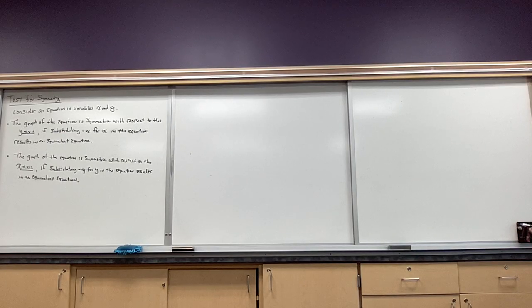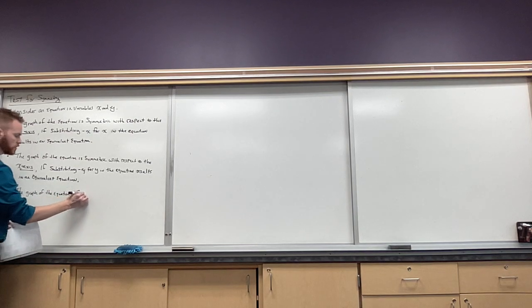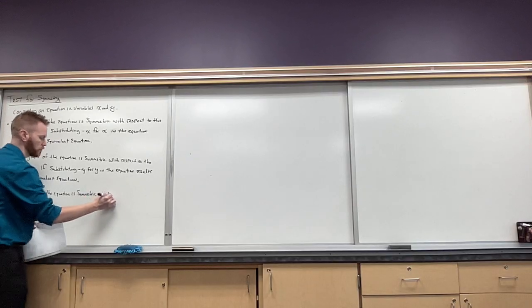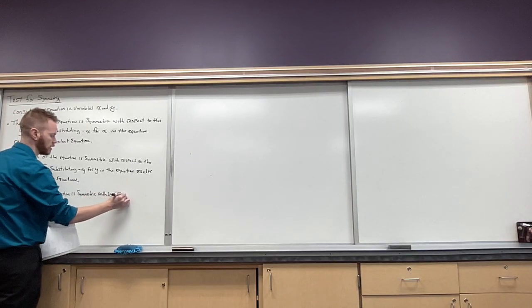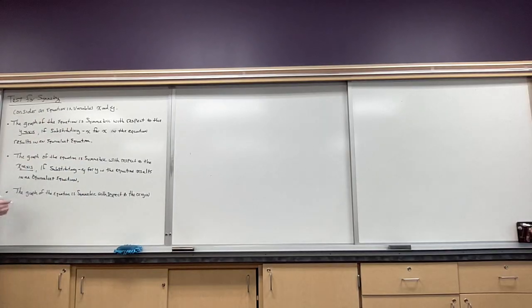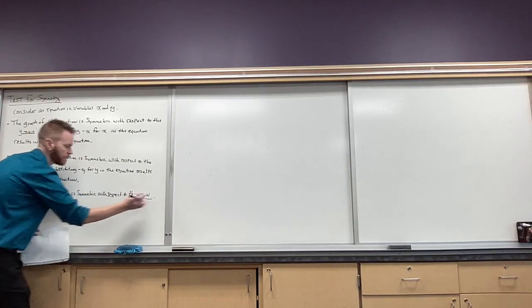So now we have to talk about the origin. Now the origin is going to combine these two properties here for symmetry. So here's the last one. Okay. The graph of the equation is symmetric with respect to the origin. Underline that.